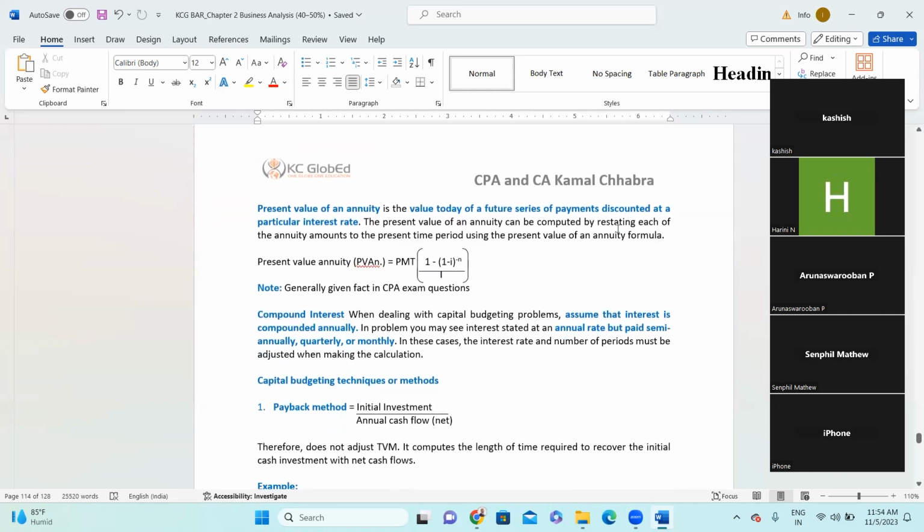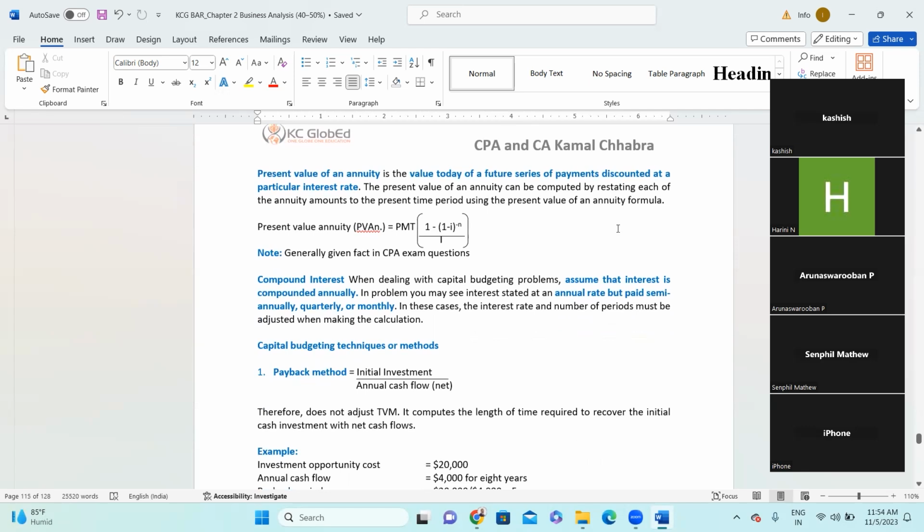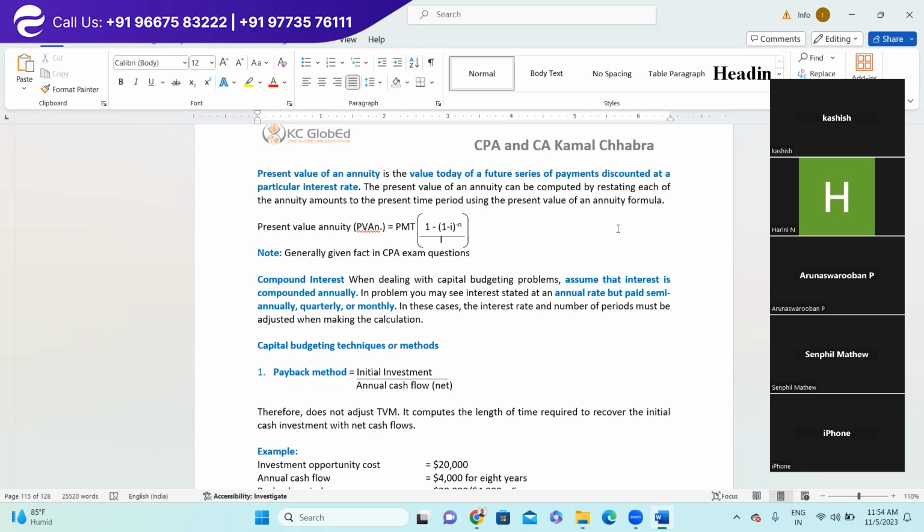Next is present value of annuity. Present value of annuity is the value today of the future series of payments discounted at a particular interest rate. Like, for example, if you have given a loan to someone and that person is paying you monthly EMI, he would be paying principal and interest both, right?